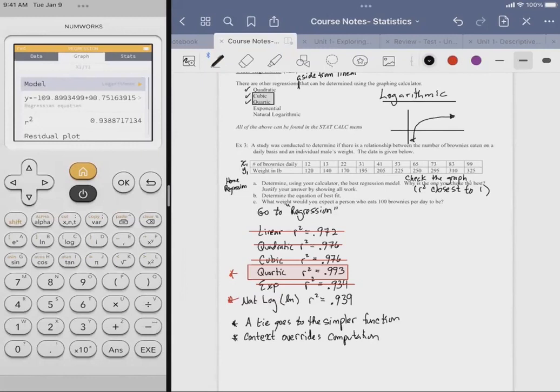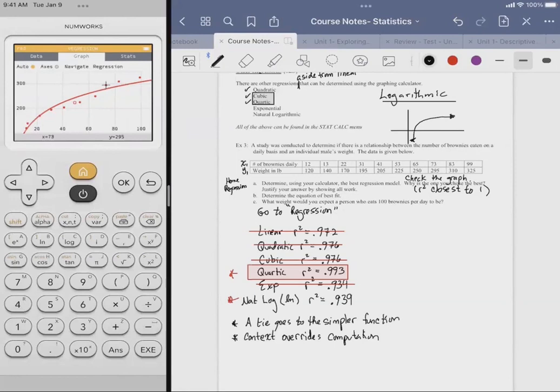This is typically what a logarithmic function would look like. Now if I compare that to my graph, it kind of has the flow of something that's leveling off.